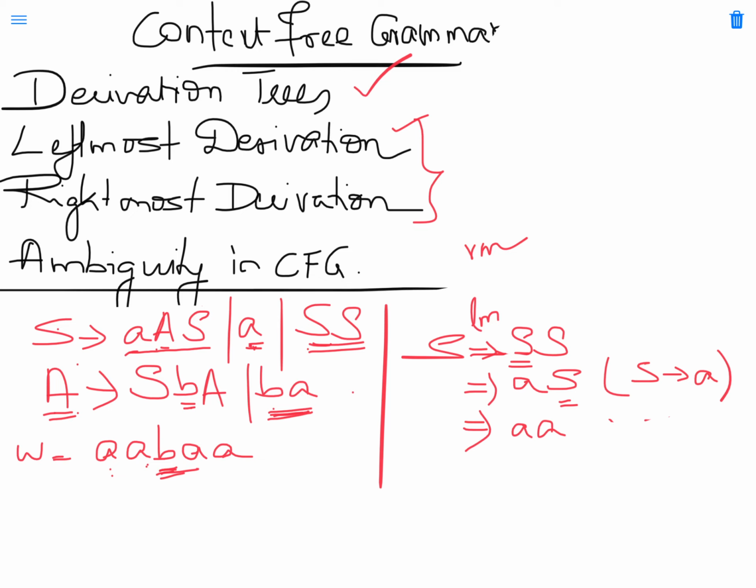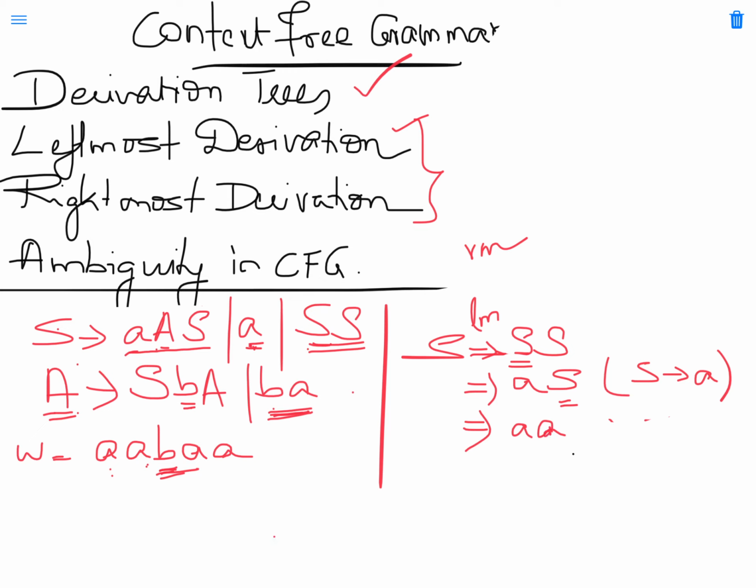In order to derive some other string, some set of variables need to be derived from the grammar. What are you going to choose? You are going to choose a different production.